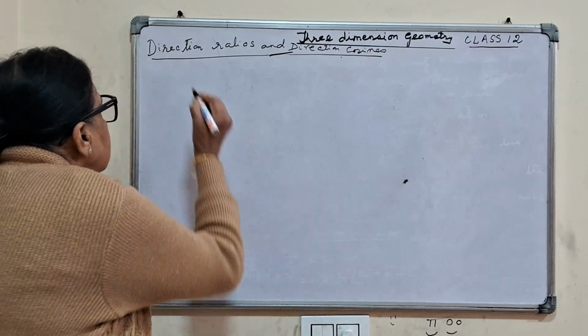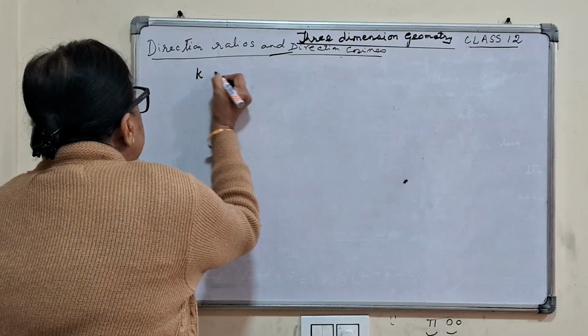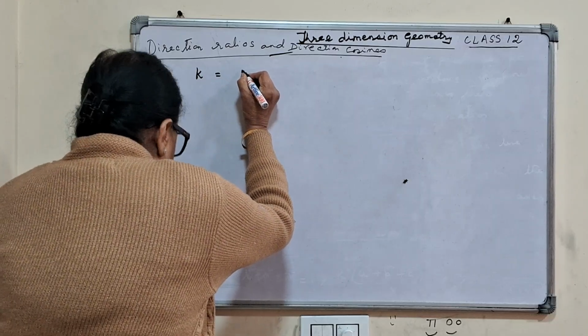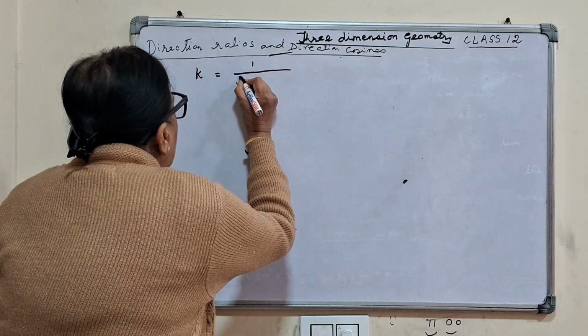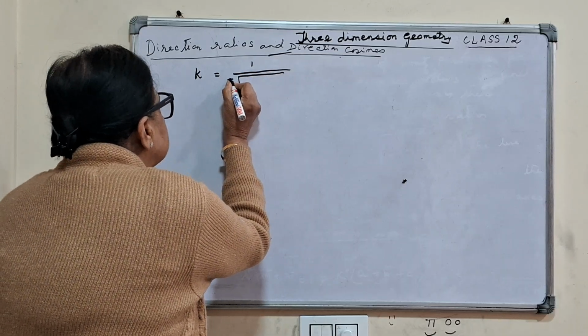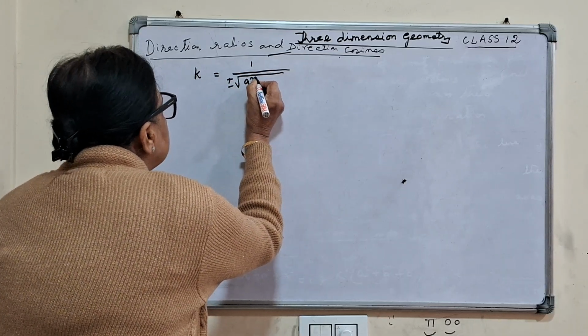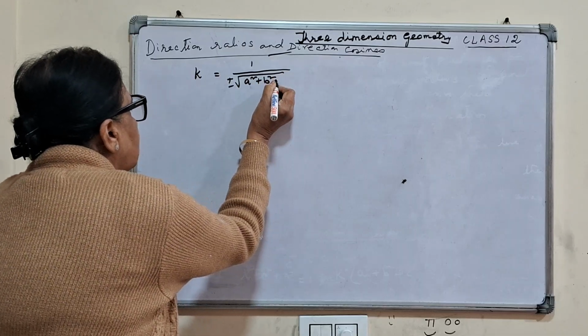So we have got K is equal to 1 by plus minus root over A square plus B square plus C square.